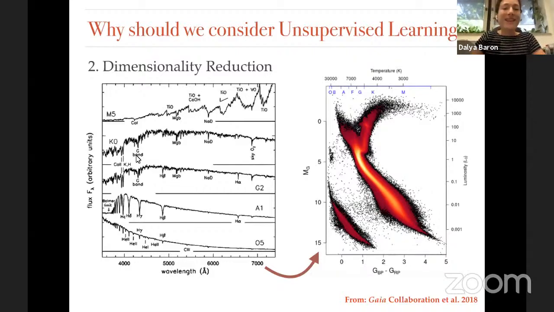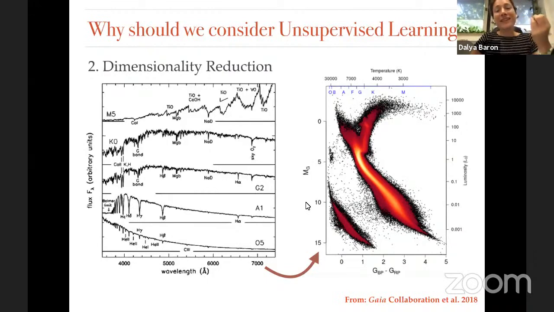What does it tell us? It tells us that this entire complexity that we see here on the left can be expressed in terms of the physical properties, the temperature and the luminosity of the star. So dimensionality reduction algorithms is basically taking something like this and representing it in a low dimensional space.